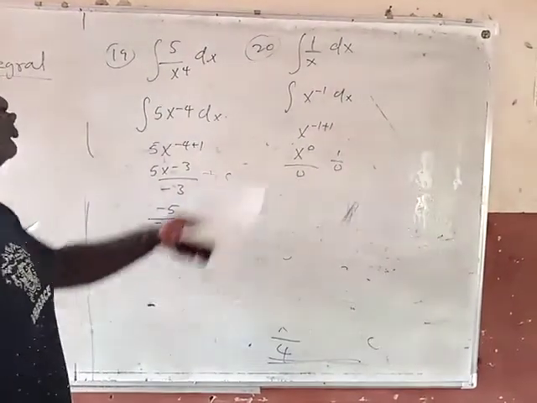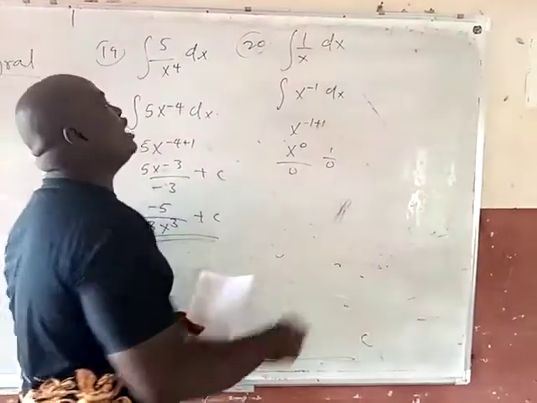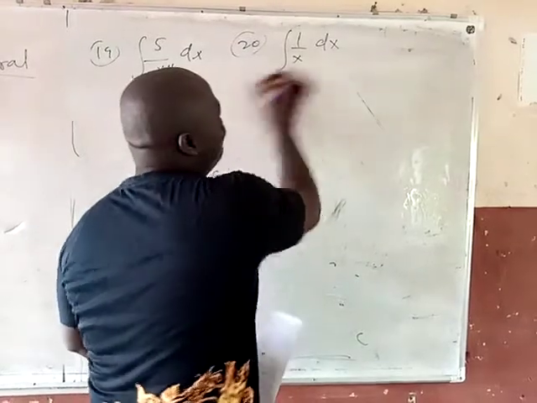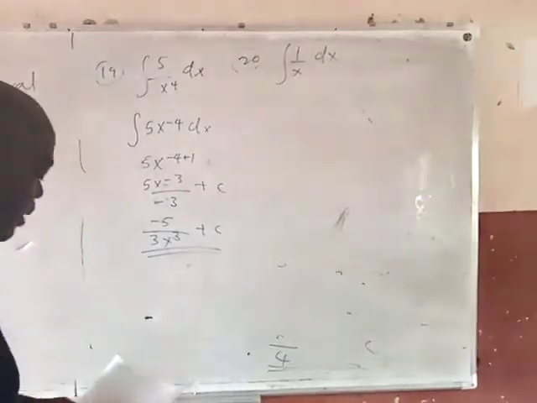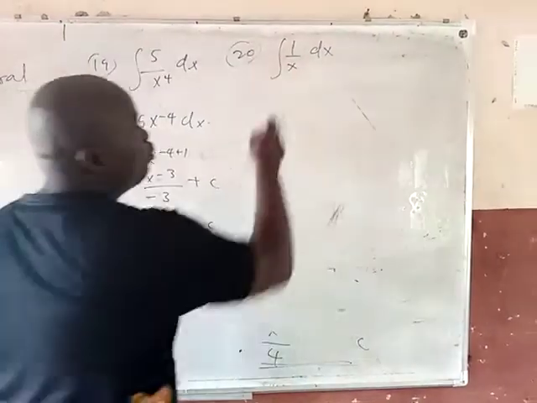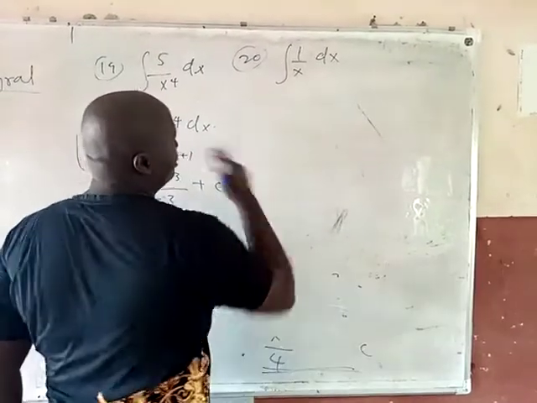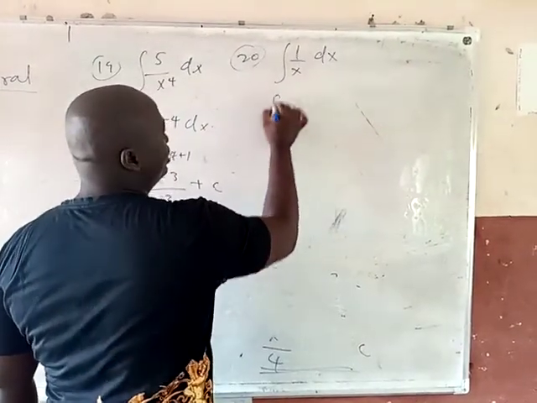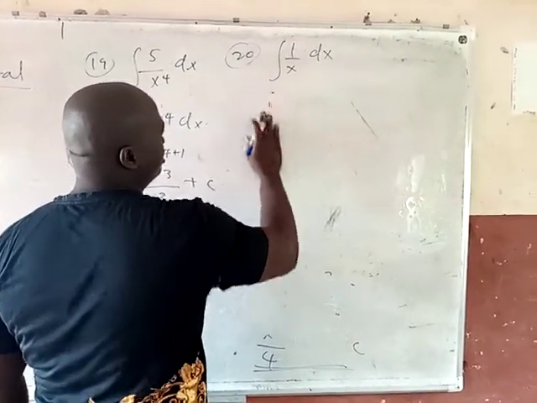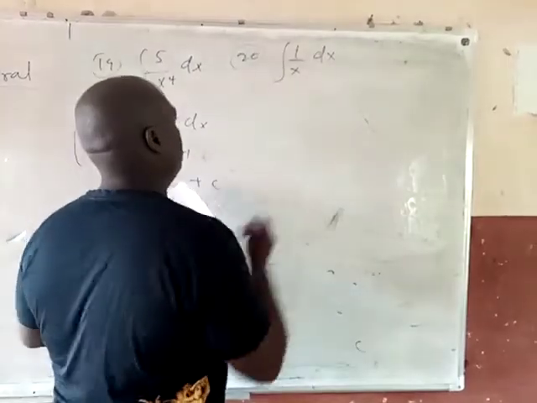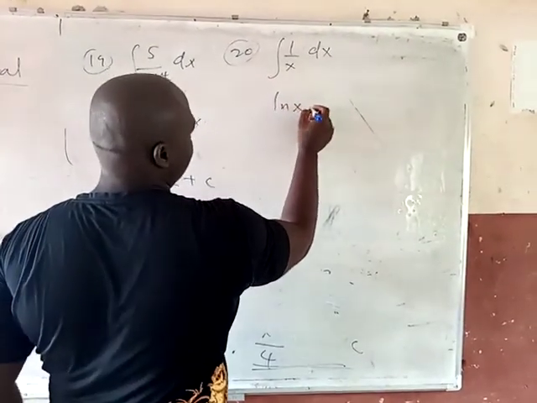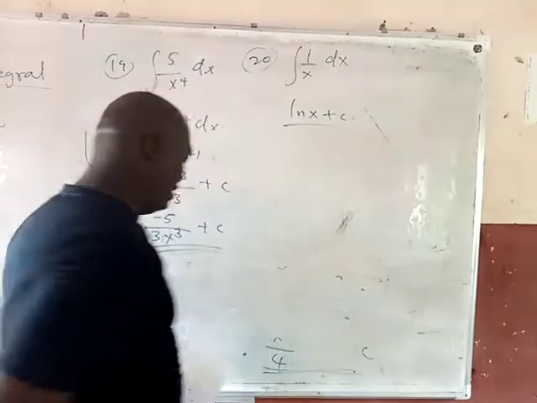I don't want this. So under integration, please pay attention, this is a powerful rule. Whenever you have 1 all over x, the integral value, the answer, is simply ln x plus c. How sweet can this be?